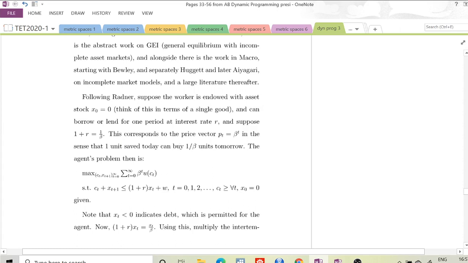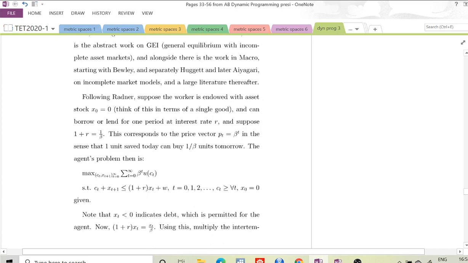So with this sort of 1 period bond available to me to sell or buy, I can formulate the maximization problem as a sequences problem that we've seen earlier in the optimal growth model, accepting that here we have a slightly different thing because the consumer can accumulate some capital or accumulate some debt.